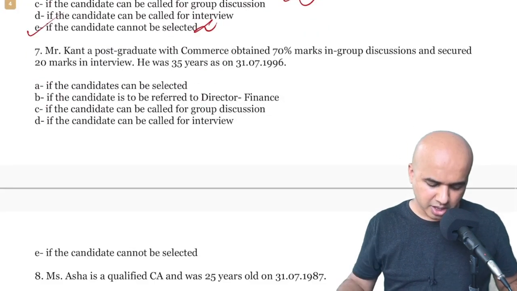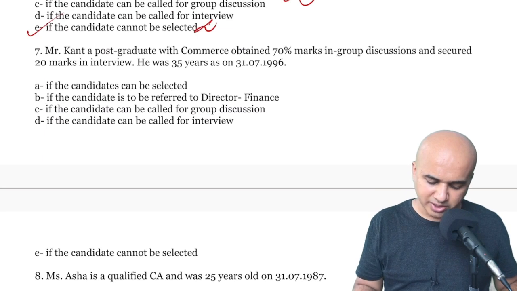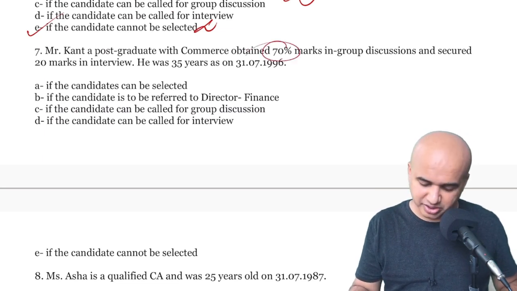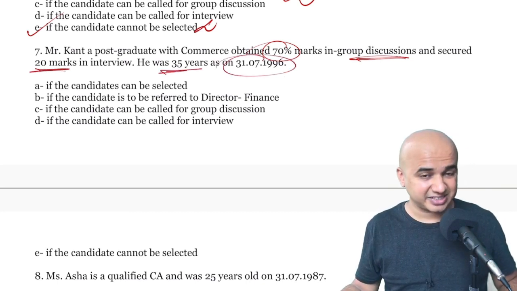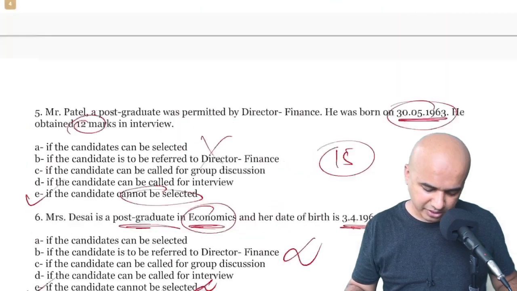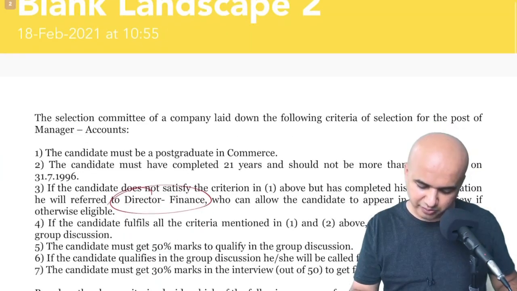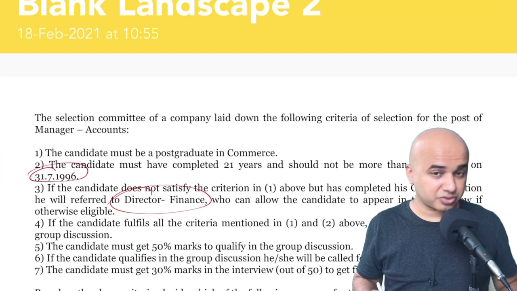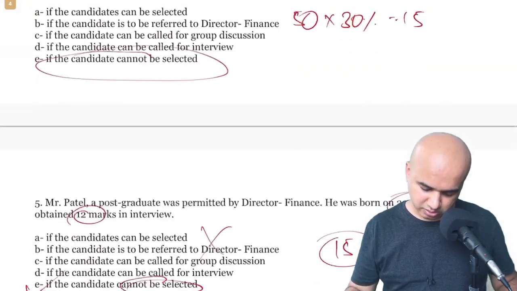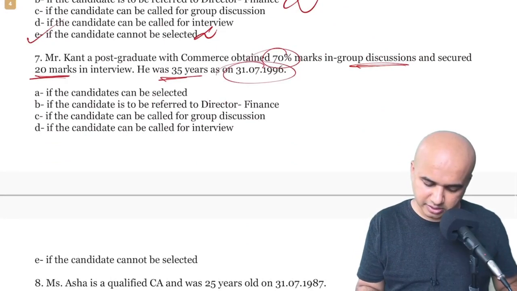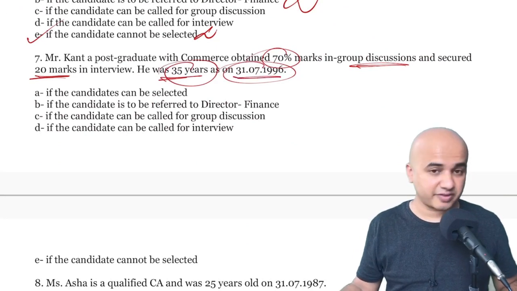Next, Mr. Kant, a postgraduate with commerce, obtained 70% marks in group discussion, okay, and secured 20 marks in the interview. He was 35 years on 31/7/1996. So now let us go back to the condition and check as on which date they should be 35. They should be 35 as on 31/7/1996. Okay. He is exactly 35 years as on 31/7/1996.